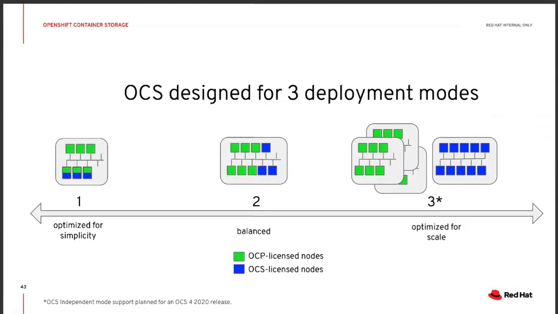Number 3 is optimized for scale, and that's a future one, and that is actually meant as independent mode, and that means that the storage is completely separated off the OpenShift cluster. It lives outside the OpenShift cluster, and it can scale independently. So in this way, you can scale your storage independent from the OpenShift cluster.